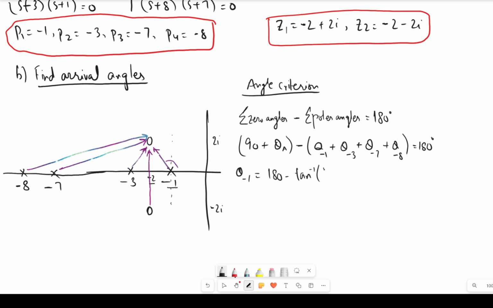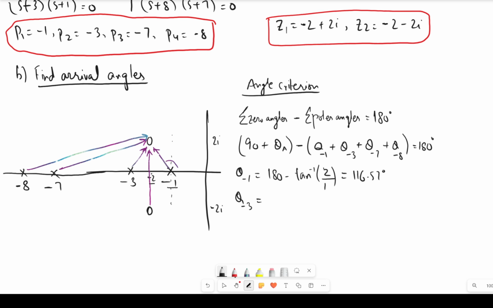So y by x means 2 by 1. So this angle we'll get as 116.57 degrees.